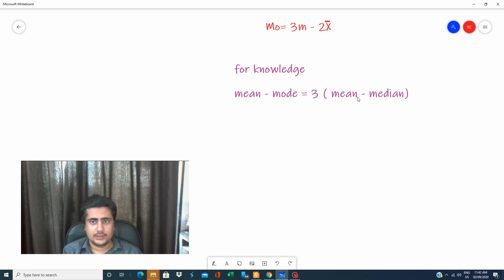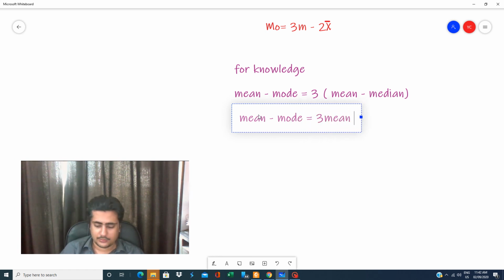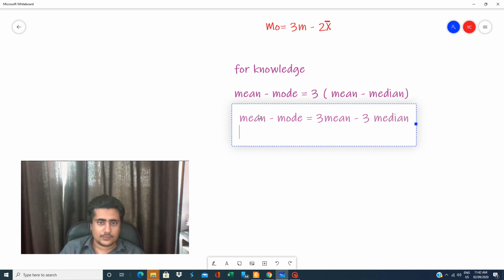Now if you solve this formula, let us solve. Mean minus mode is equal to 3 mean minus 3 median.